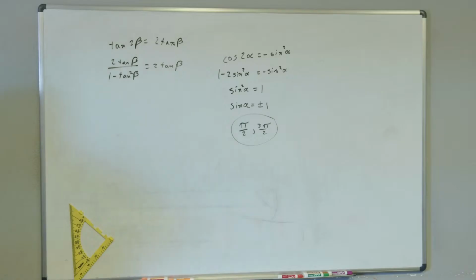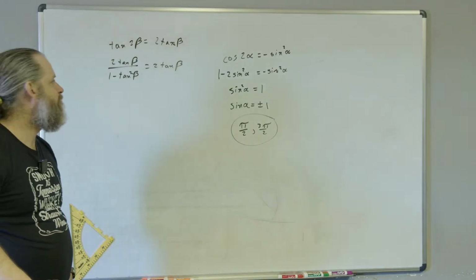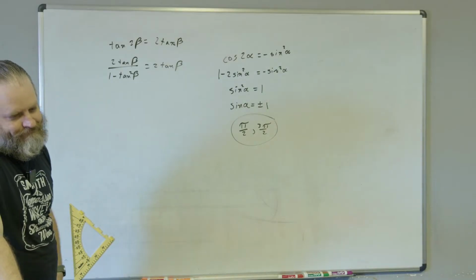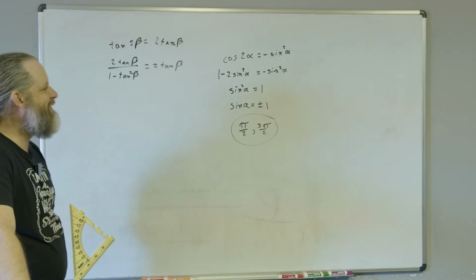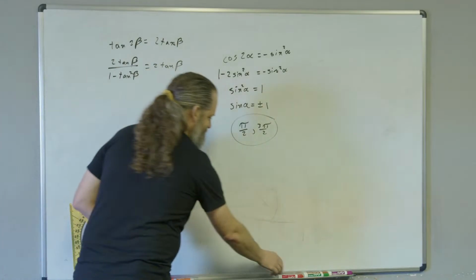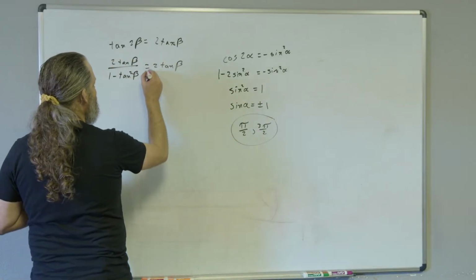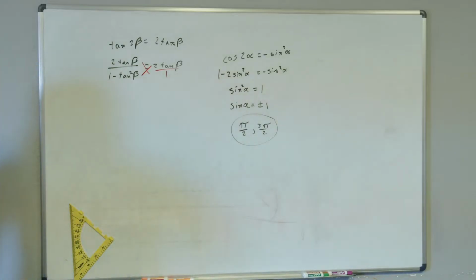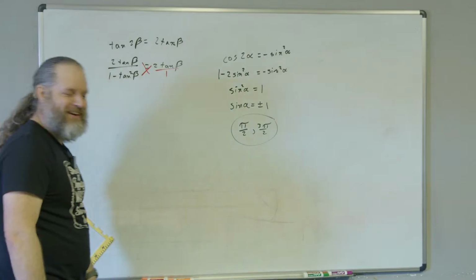Okay, now what? Now we do algebra, right? Multiply by the reciprocal? No, conjugate. Let's just multiply both sides by the denominator. And then we get, yeah, it's a proportion, isn't it?